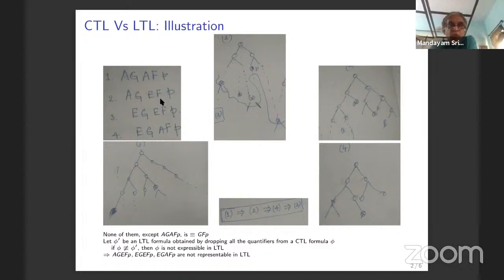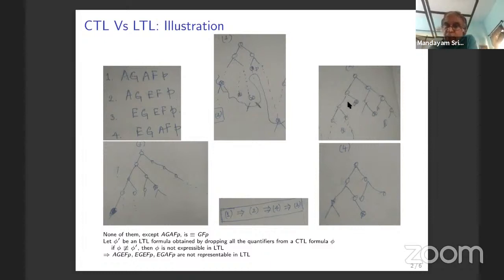Whereas AG of EF of P does not require that. Okay, it only requires that every path globally should be such that every state in that should be such that there exists one path on which F of P, eventually P, holds good. And that's what is happening here.